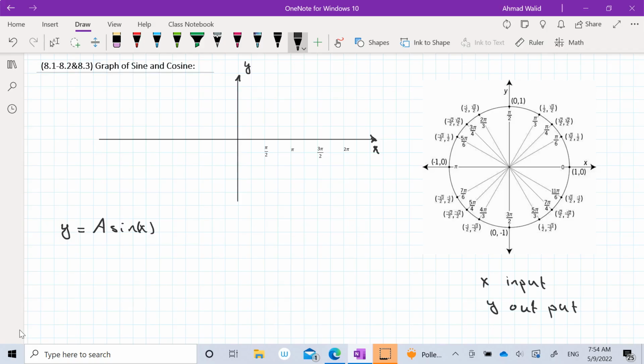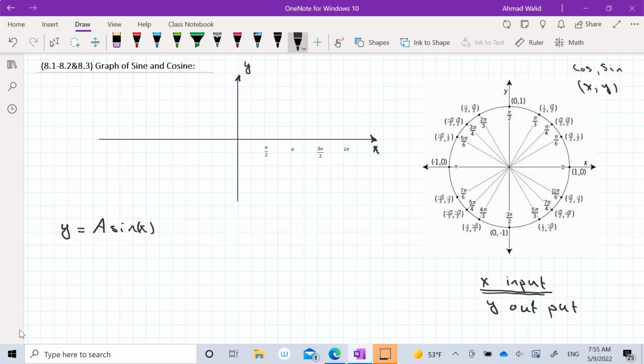Some students, when they graph and see x and y, immediately think of the unit circle, where I explained that you have x comma y, and x is always cosine, y is always sine. Remember, here when we are graphing, your x-axis is input.